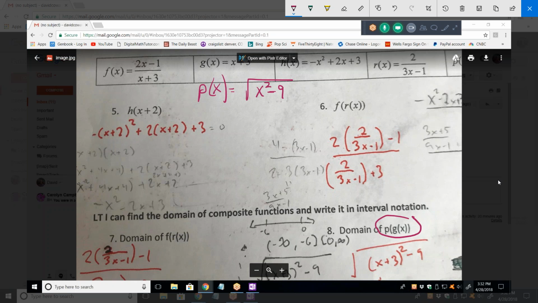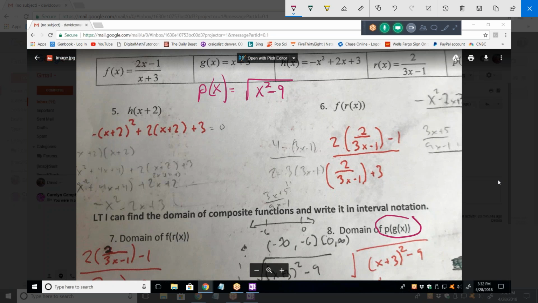So first of all, we have to check the domain of P of x. And then we're going to check the domain of G of x. And then we're going to check the domain of P of G of x. So let's start with P of x. What can x not be?